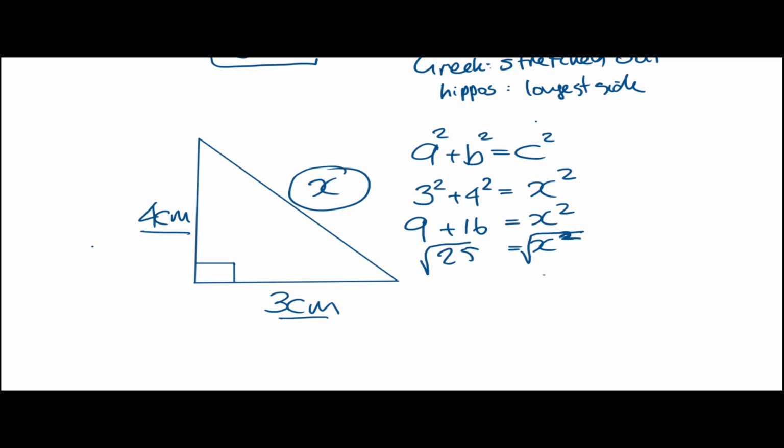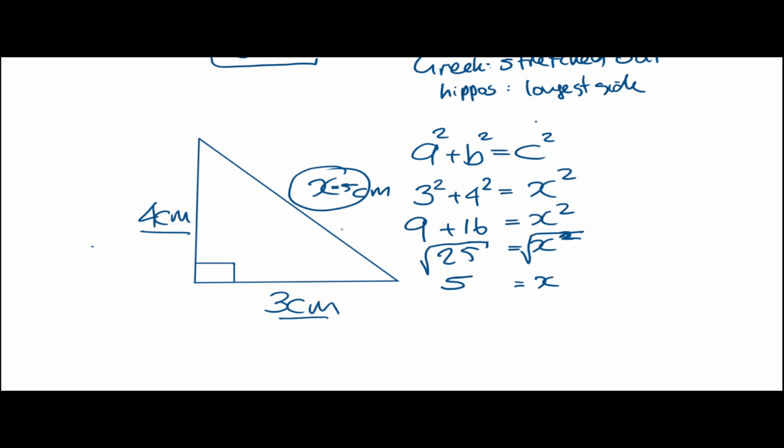So the square root of x squared is x. The square root of 25, you should know it, 5 times 5 is 25, so therefore the square root of 25 is 5. It's also negative 5, but obviously distances cannot have negative values. So x is 5, but remember 5 what? 5 elephants, 5 donuts. It's 5 centimeters.